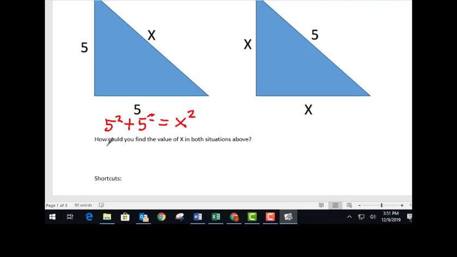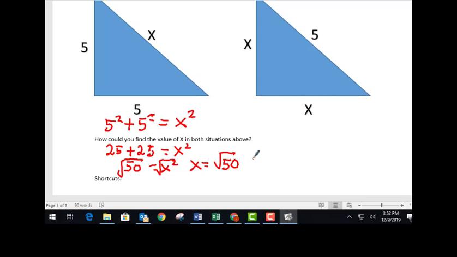In other words, 25 plus 25 would equal x squared, or 50 equals x squared. If you square root that, x equals the square root of 50.